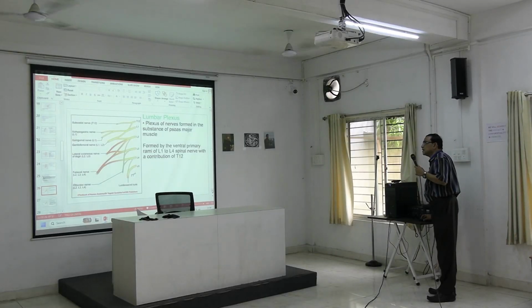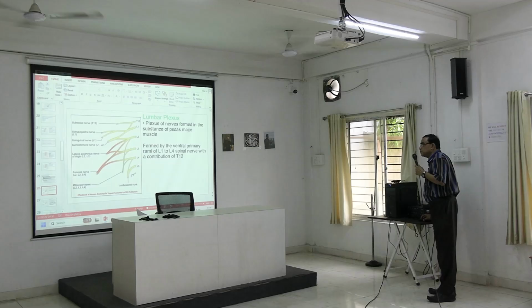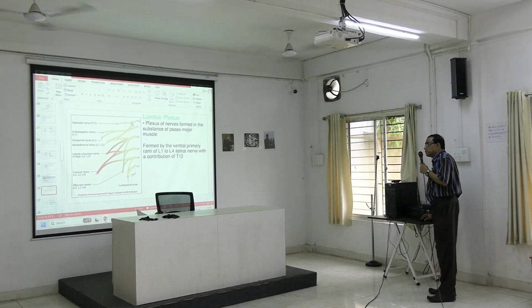So this is the lumbar plexus. You can see it's mainly contributed by L1, L2, L3 and part of the L4. And part of the L4 is coming down and ultimately it joins to form the lumbosacral trunk. Contribution may come from the 12th, the subcostal nerve or 12th thoracic nerve.